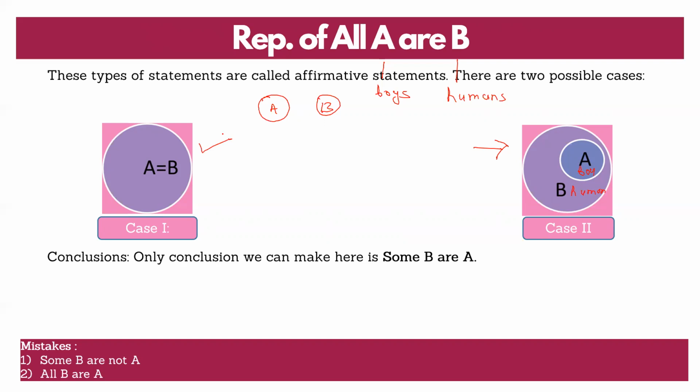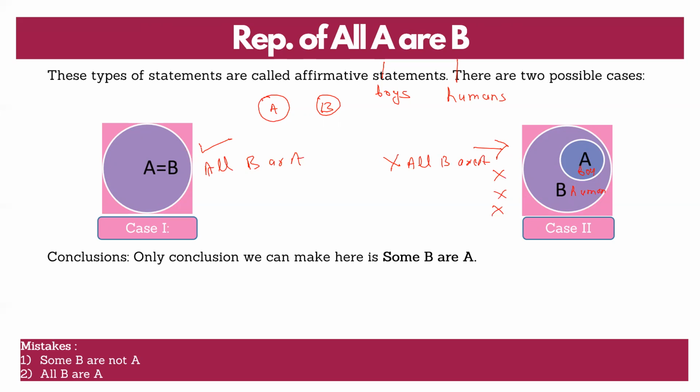So here we are getting 2 cases. But if I look at case number 1, one conclusion I can draw is that all B are A. Even that is true with regard to this particular diagram. With respect to case number 2, can I say all B are A? No, I cannot say that all B are A. Cannot be said, right?